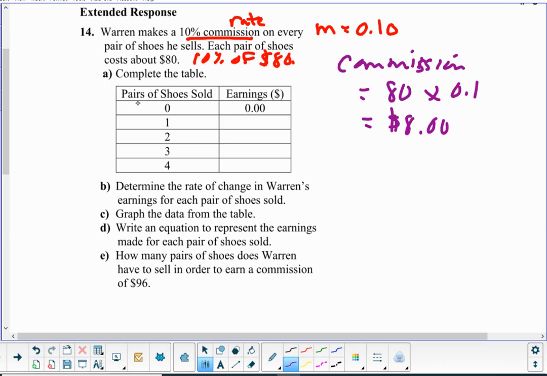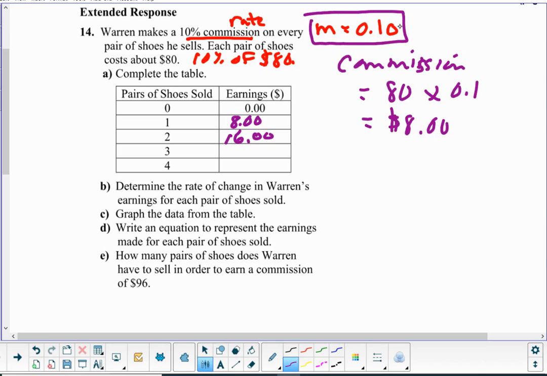So pairs of shoes he sells. If he sells one, he gets $8 of commission. Okay, 2. Well, all we're going to do now is go up by 8. Actually, that was a bit misleading. Our slope is not 10.